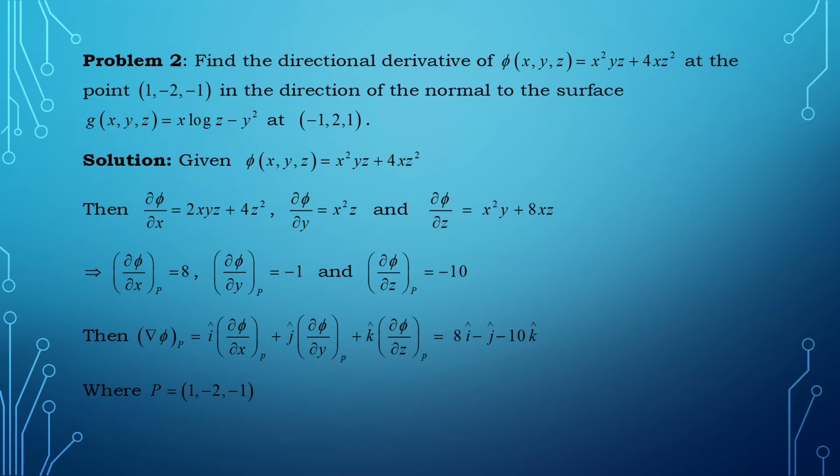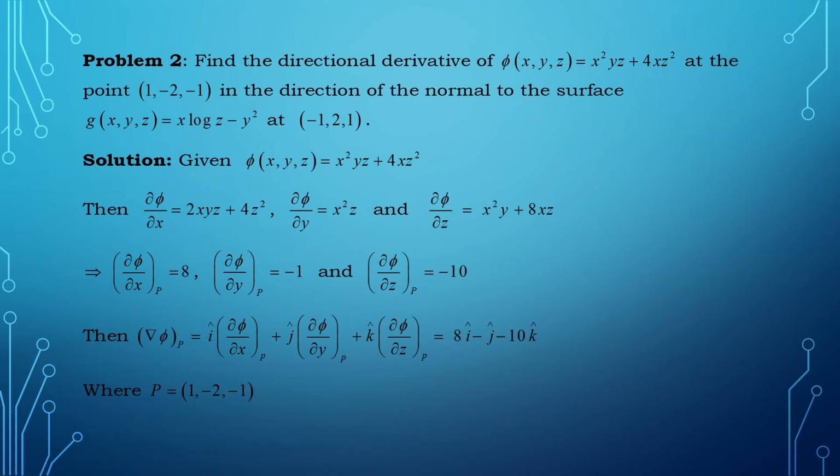For the given surface, phi of x, y, z equals x squared yz plus 4xz squared, dou phi by dou x equals 2xyz plus 4z squared. Dou phi by dou y equals x squared z. Dou phi by dou z equals x squared y plus 8xz.